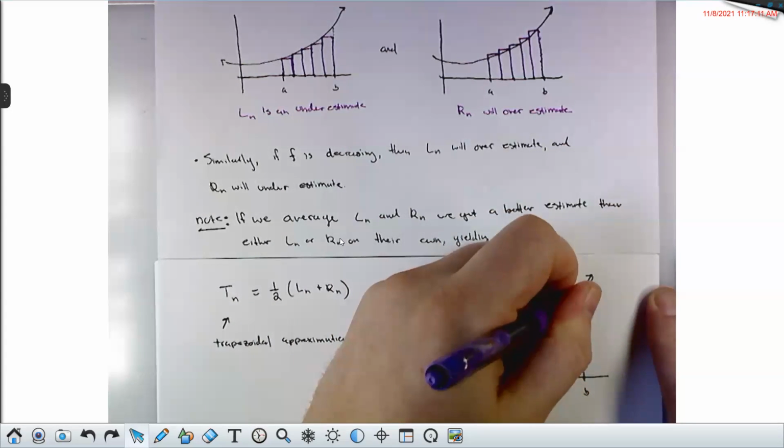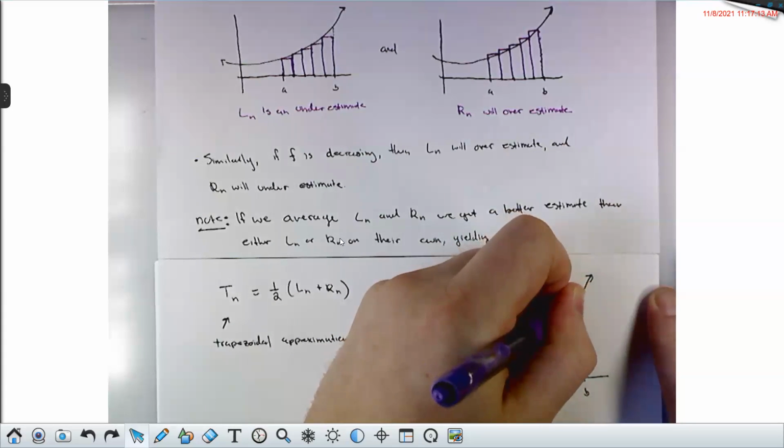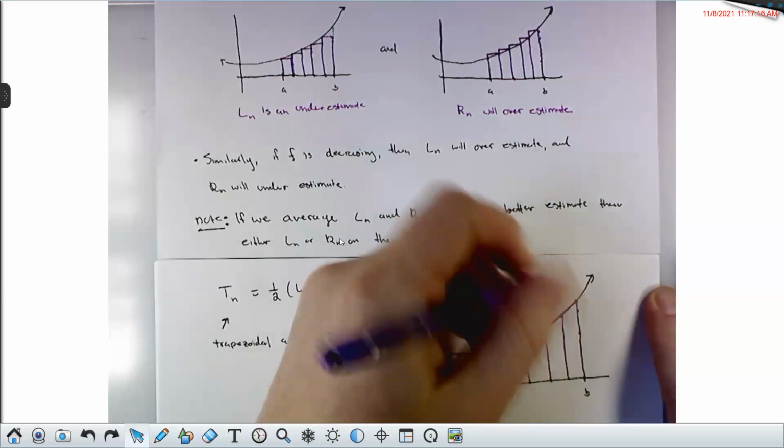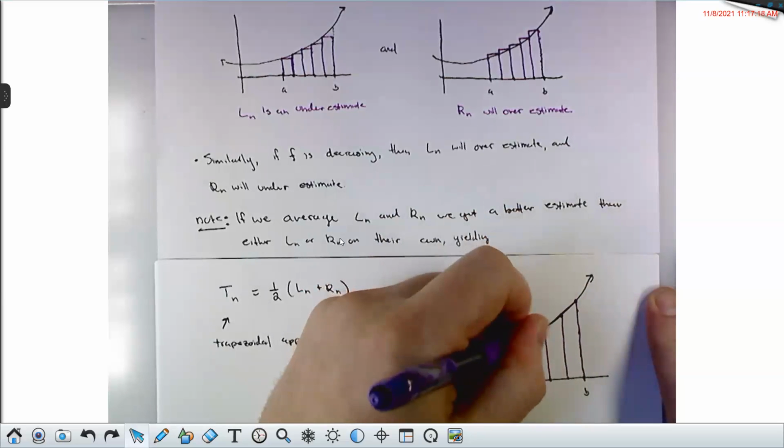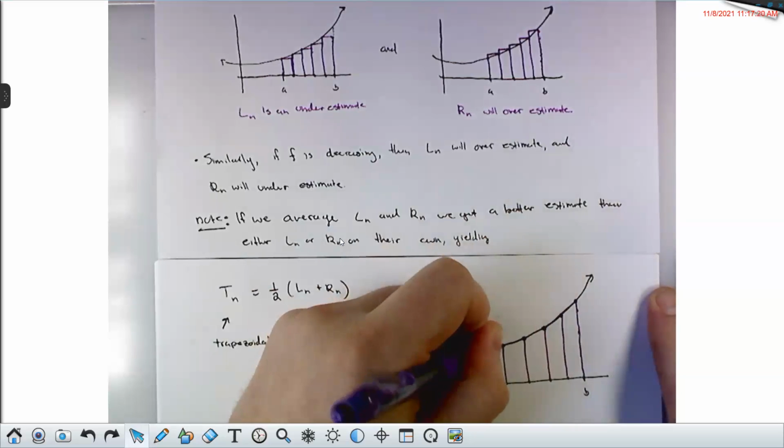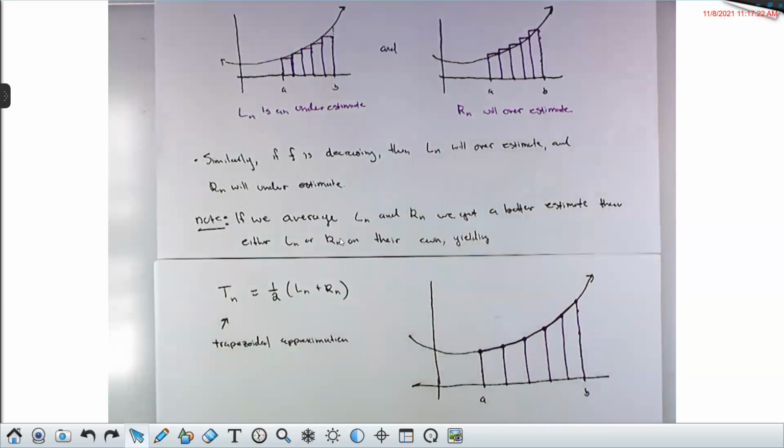You remember we used this on Friday of last week to try and get the area underneath x squared from 0 to 1. So like the left endpoint approximation for x squared from 0 to 1 gave us like 0.2 something. The right endpoint approximation gave us like 0.4 something. The exact area there was 1/3, which is 0.33333.